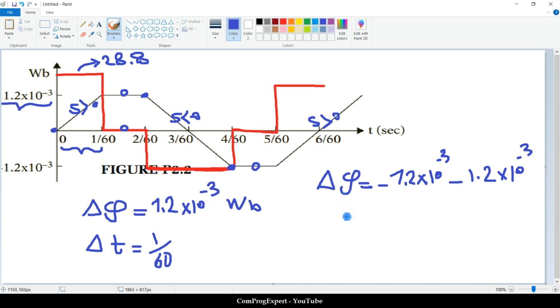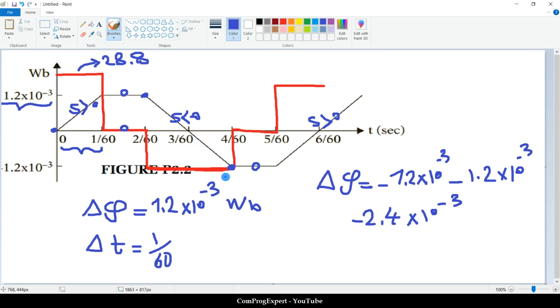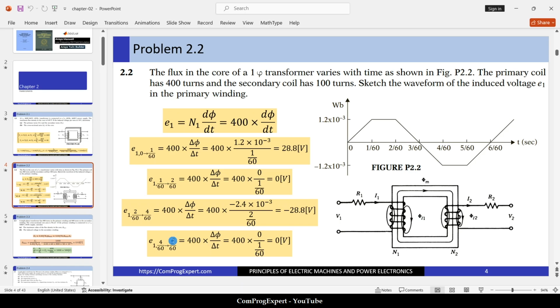So the total flux change is negative 2.4 times 10 to the power negative 3. And this is the delta t, the time span of this interval. So the induced voltage here will be equal to negative 28.8. And for the next interval, you can repeat the same.